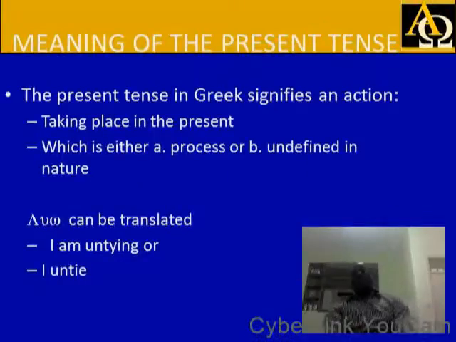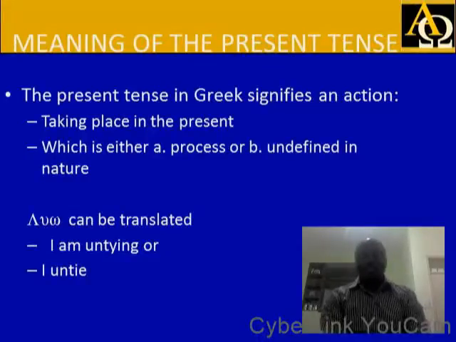So what is the meaning of the present tense? What does the present tense mean? Well, the present tense means two things. One is that the action is taking place at the present moment. Something can either happen in the past, that's past tense, or it will happen in the future, that's future tense.